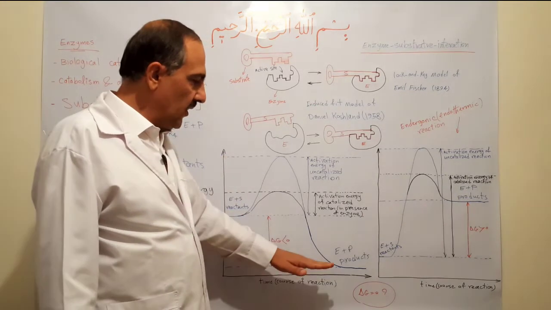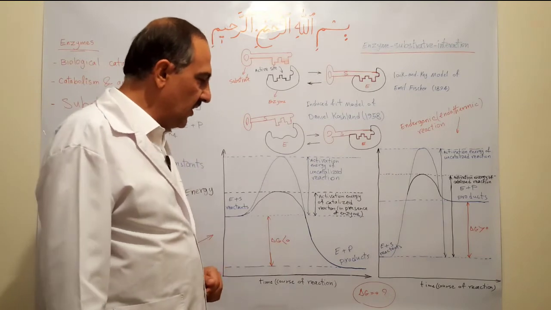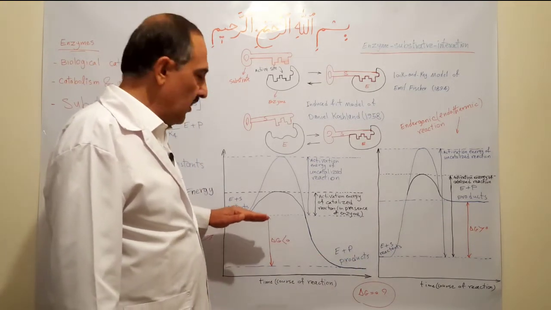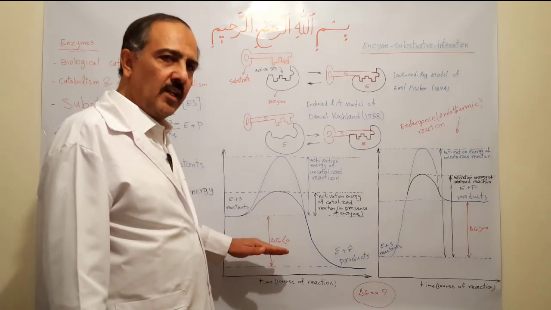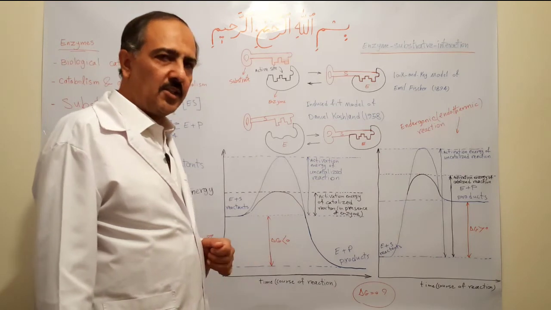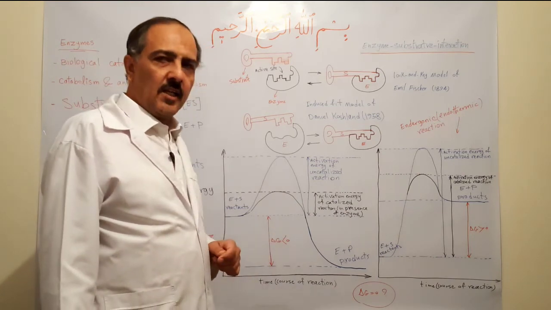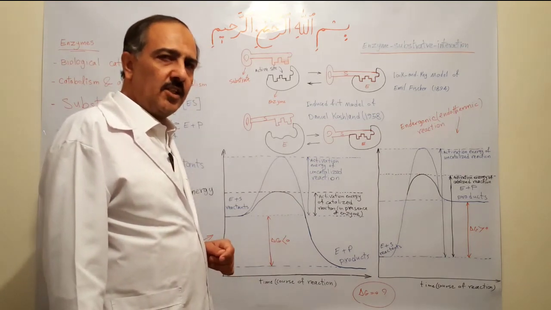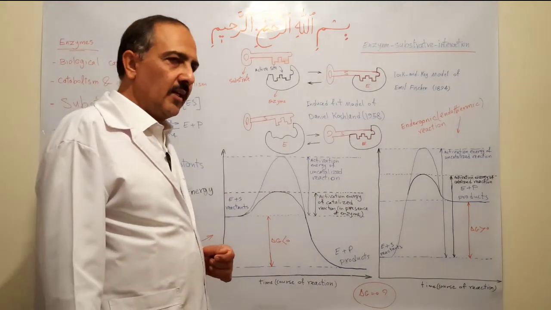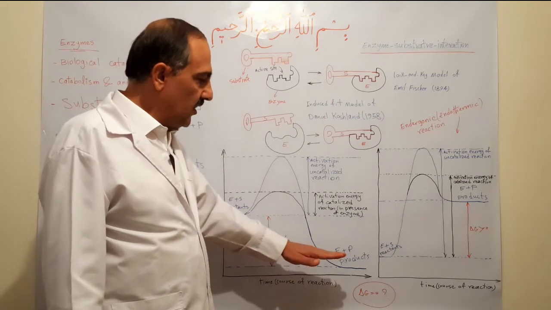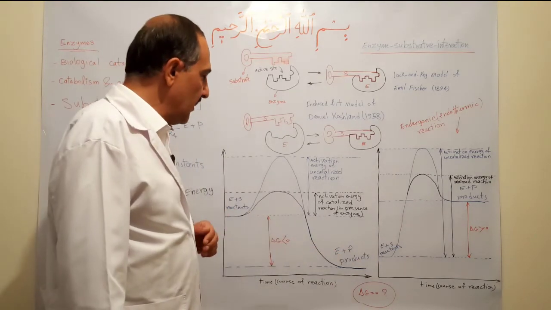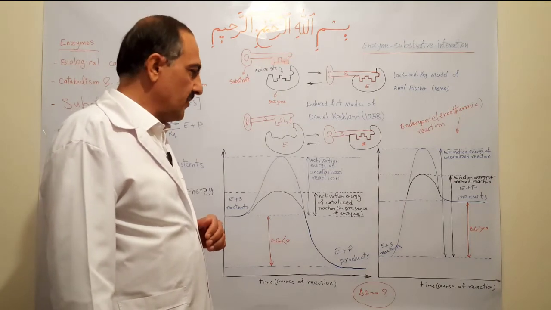The difference between the free energy level of products and reactants is called Gibbs free energy, which is shown with delta G. Delta G or Gibbs free energy is negative for exothermic or exergonic reactions because the free energy level of products is lower than that of reactants.